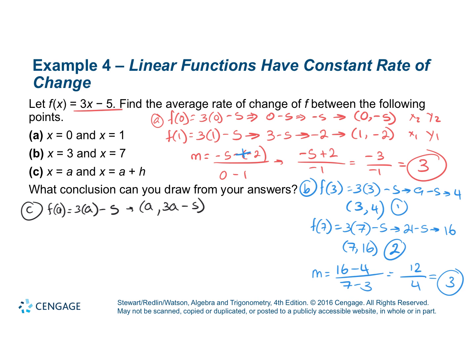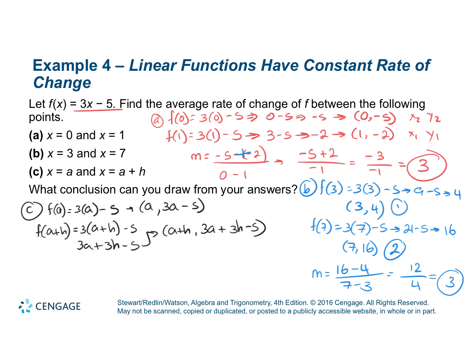And then we have f of A plus H. That's going to be 3 times A plus H minus 5, which gives us 3A plus 3H minus 5.